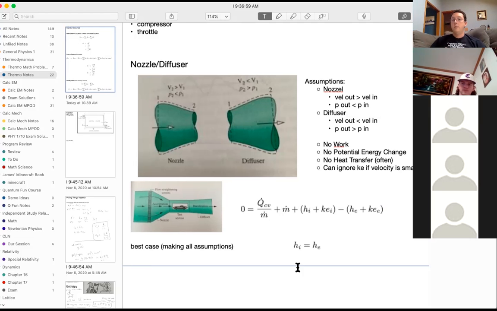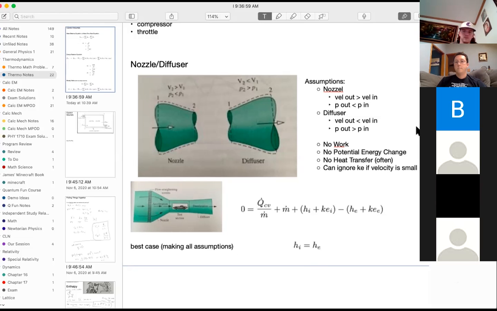What would that do? What would that change about the system? Can someone call out what they think that might change in the system? Would it be the velocity?